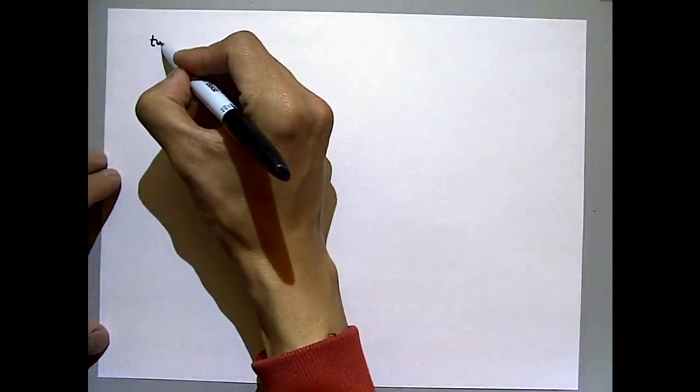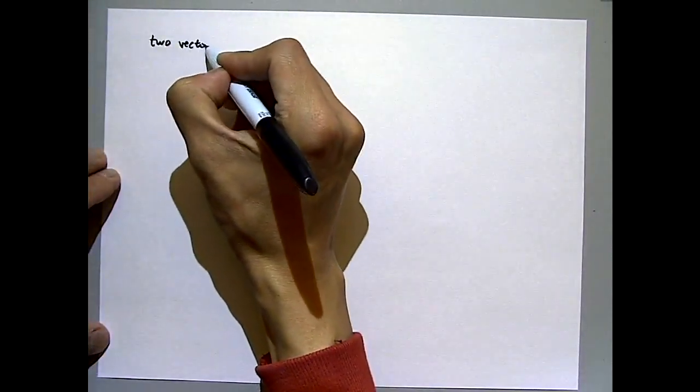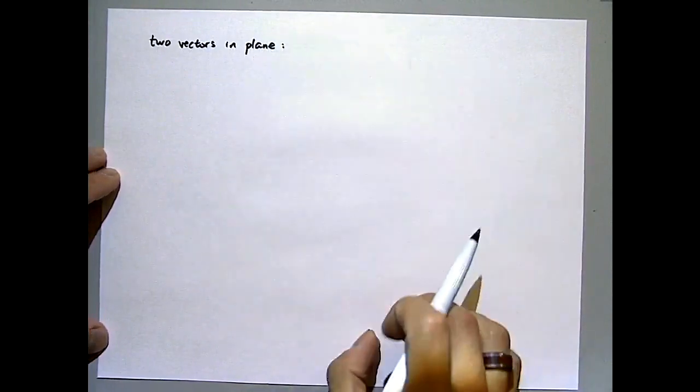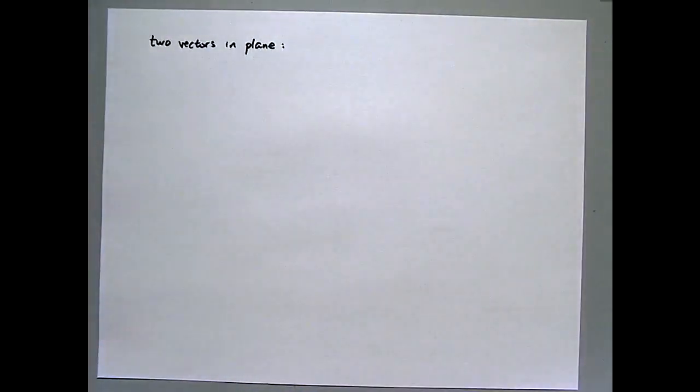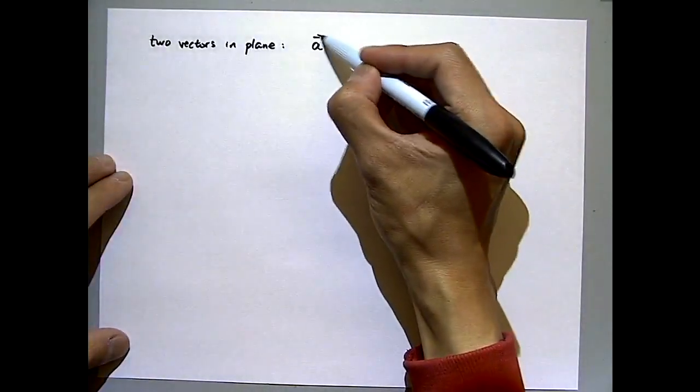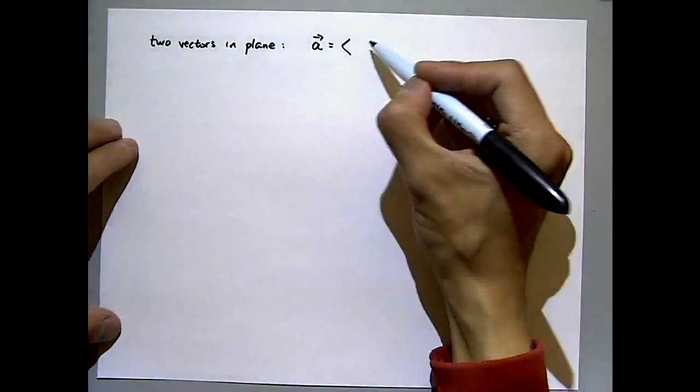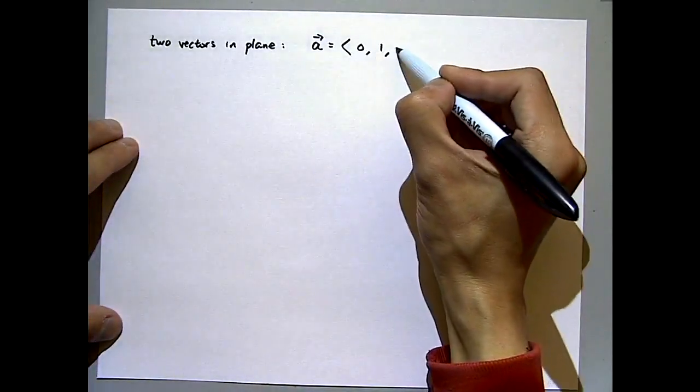You find two vectors in the plane. If I call the first vector going from the first point to the second point, from 1, 0, 3 to 1, 1, 0, the first vector is 0, 1, minus 3.